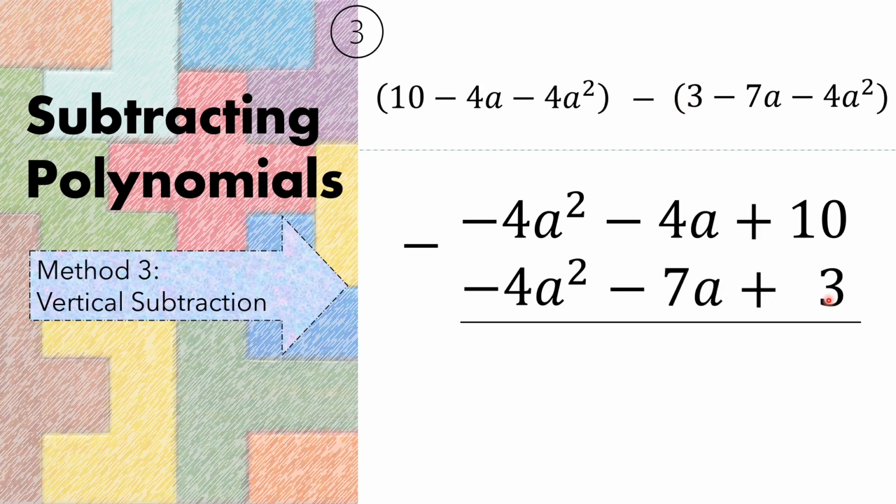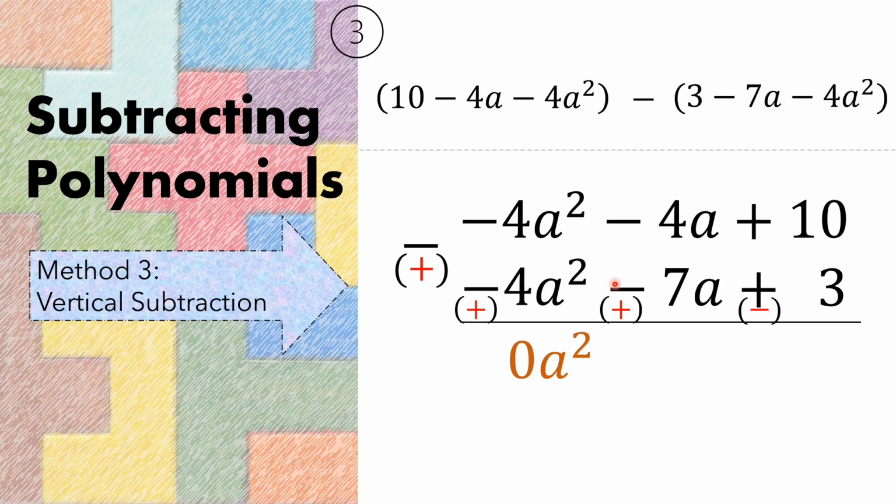And then applying the rule of addition, change the sign of the terms in the subtrahend. Negative turns into positive, positive turns into negative, and then add. Then we can simplify. Negative 4a squared plus positive 4a squared is 0a squared.